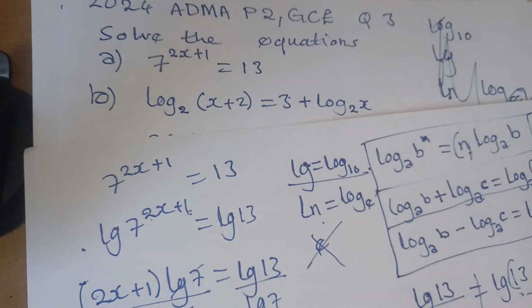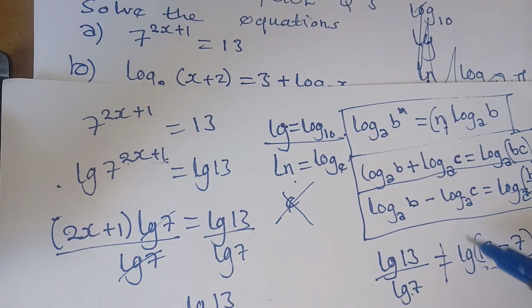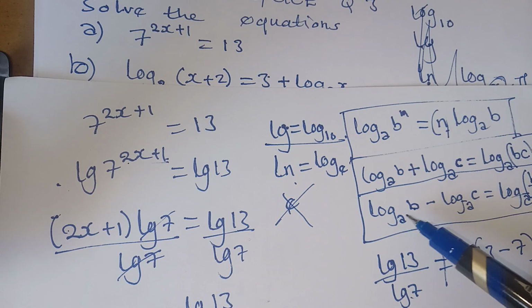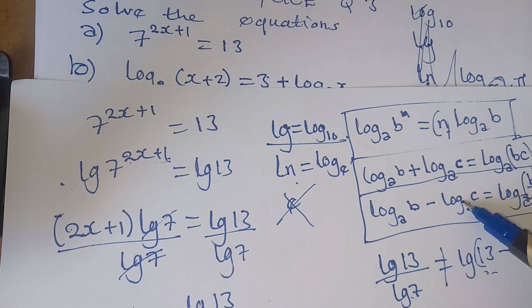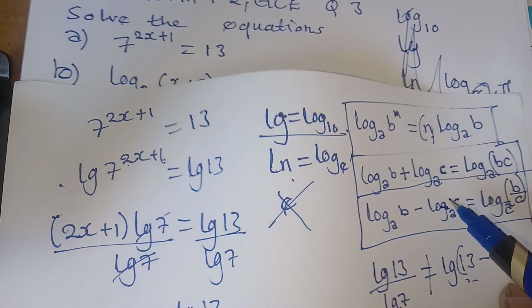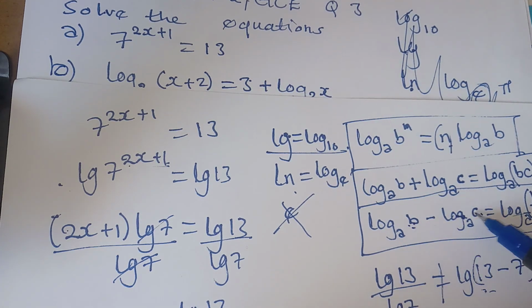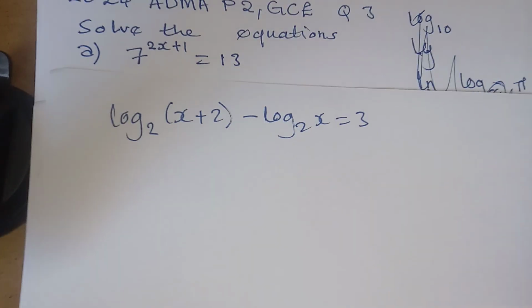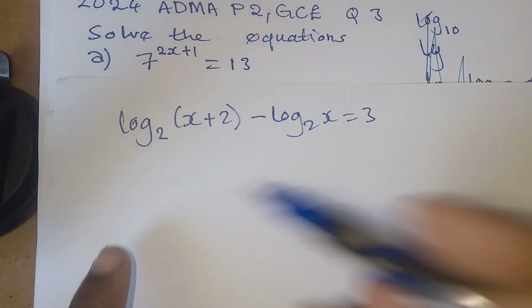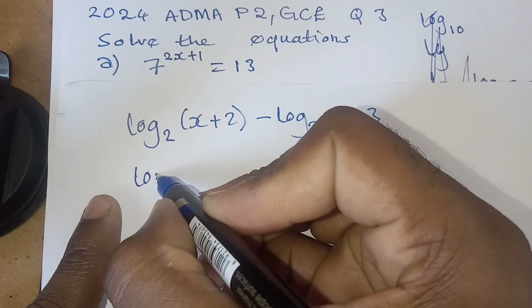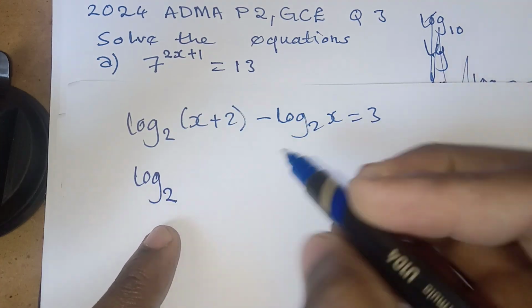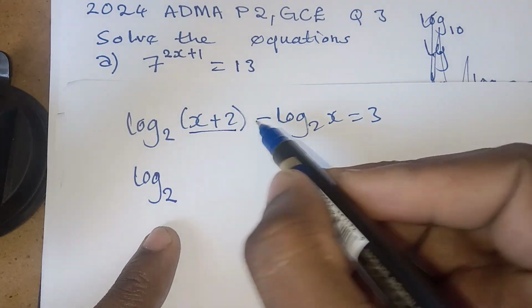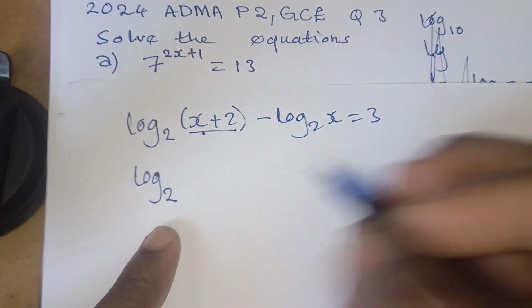And then I can apply this rule here, the third rule. Remember, when you are subtracting two logs, it's just the same as dividing their arguments. So in this case, we have log 2, which means I'll just divide this by that.